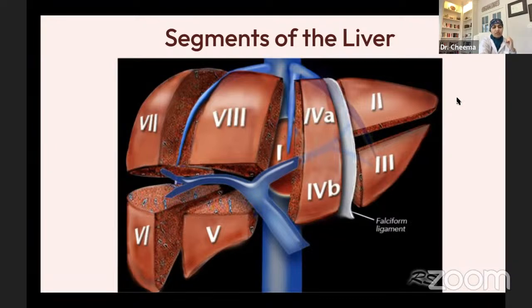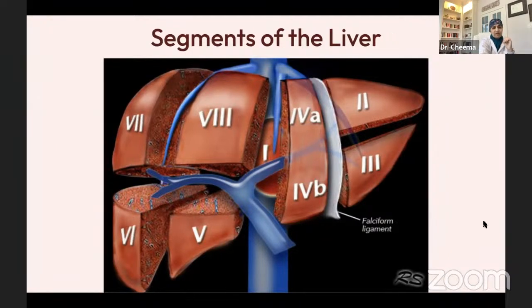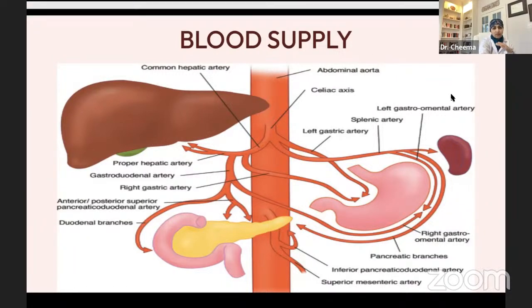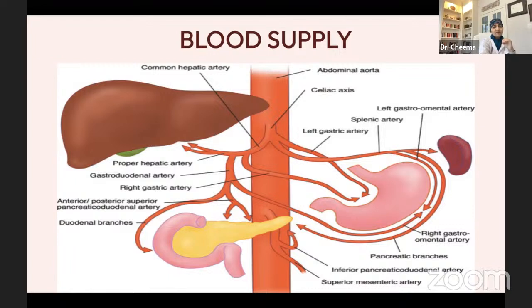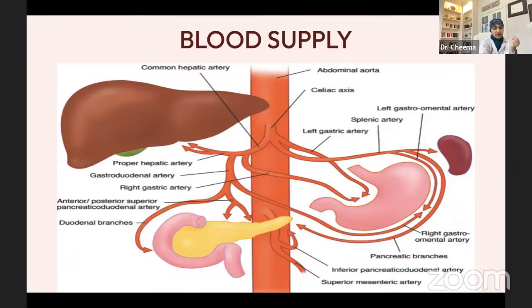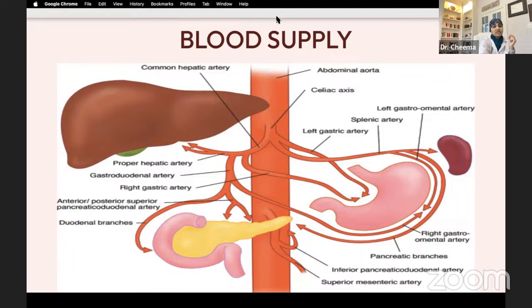So let's go over pretty quickly the blood supply of the liver. The liver has a dual blood supply, arterial and portal. The liver receives blood from two main sources. The first is the hepatic artery, which delivers oxygenated blood from general circulation.